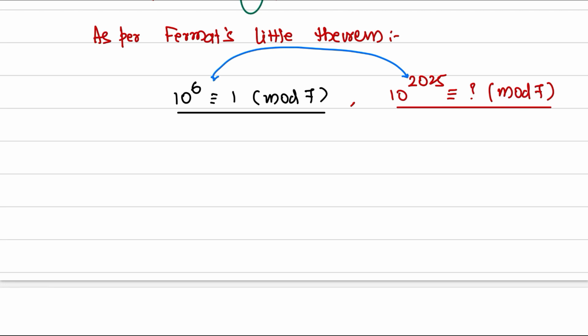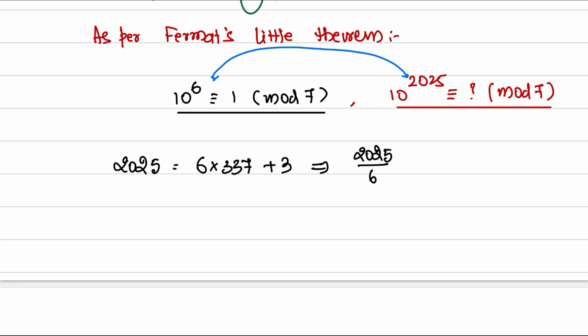Now, 2025 is nothing but 6 into 337 plus 3. Do you agree? Yes. Let us divide 2025 by 6. How did it come? Because here it is 10 to the power of 6, and here it is 10 to the power of 2025.